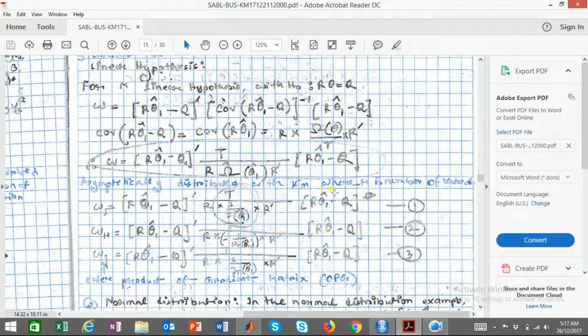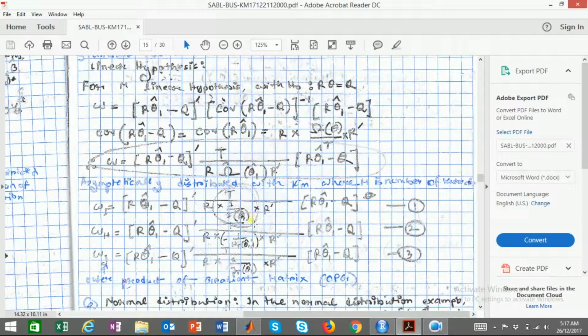It is asymptotically distributed as chi-square, where m is the number of restrictions. M is the number of restrictions. The first and last terms remain the same for all. In the case of the information matrix, it is T times R multiplied by the inverse of the information matrix and R transpose. With the Hessian, it is simply the negative of the information matrix.